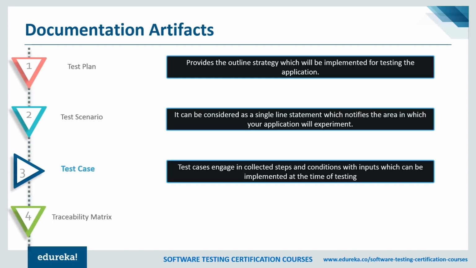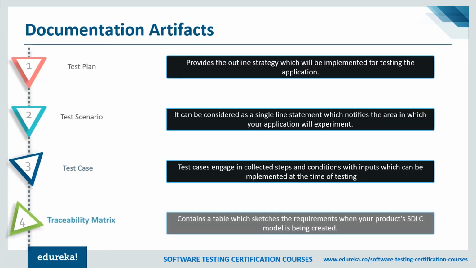So these are the columns which are necessary for a test case: your test case ID, the test case, its description, the steps you take for testing a particular software, again your expected result, actual output, status, and comment.